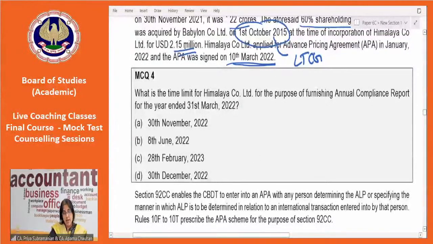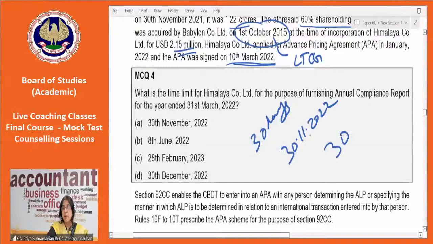As per the advance pricing agreement scheme, you have to file the annual compliance report within 30 days from the due date of filing return of income. Due date of filing return of income is 30/11/2022. So 30 days from that will be 30th December 2022. Or 90 days from the date of agreement, that is from 10th March.